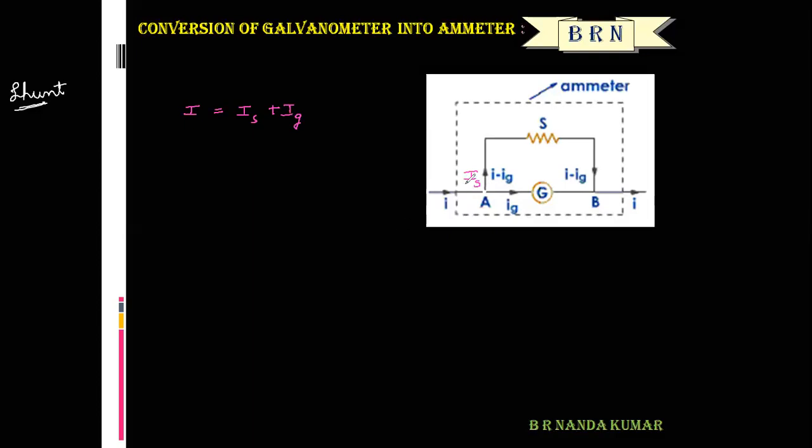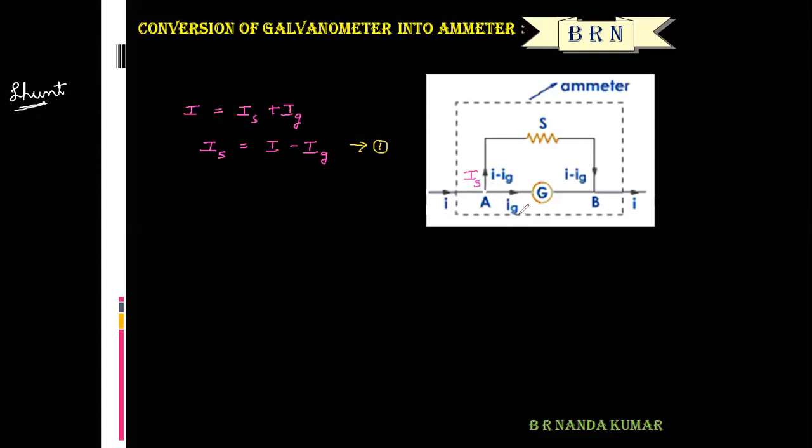That means the sum of currents entering the junction equals the sum of currents leaving the junction. And what is the value of Is? Is is equal to I minus Ig. Call this equation number 1.